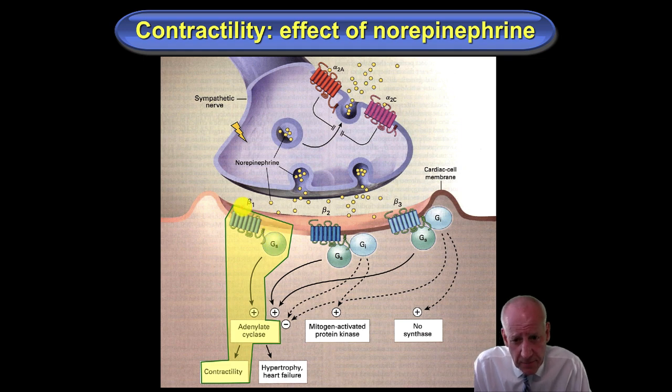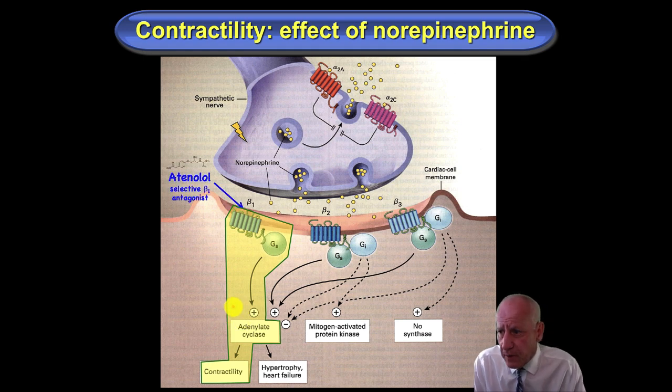But we will learn that the persistent activation of the beta-1 receptor over the course of weeks and months in heart failure promotes hypertrophy of the muscle cells. And this form of hypertrophy is a destructive remodeling of the myocardium, and it is in part driven by the beta-1 adrenergic receptor. So you will be prescribing fairly soon beta-1 blocking drugs like atenolol or metoprolol.